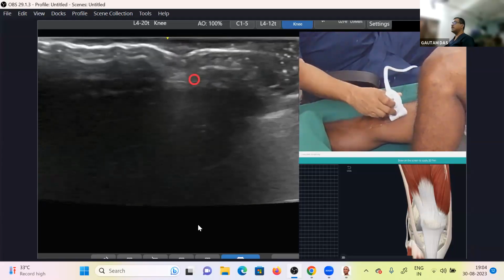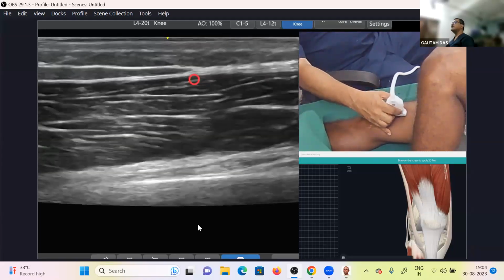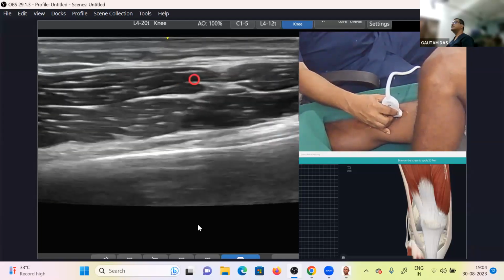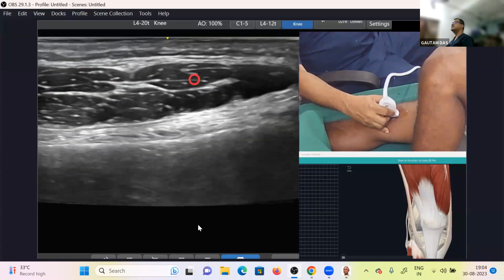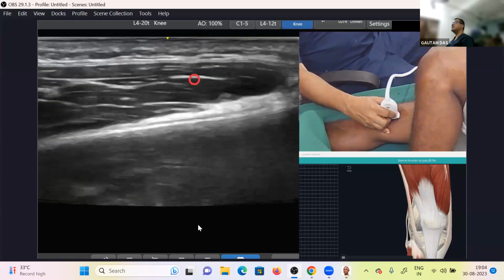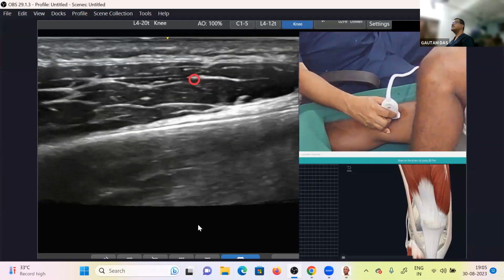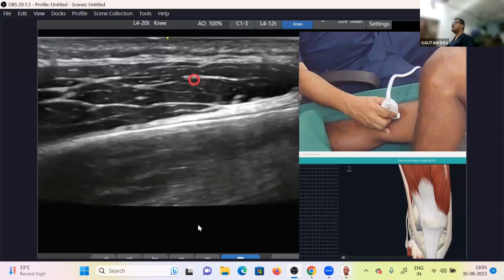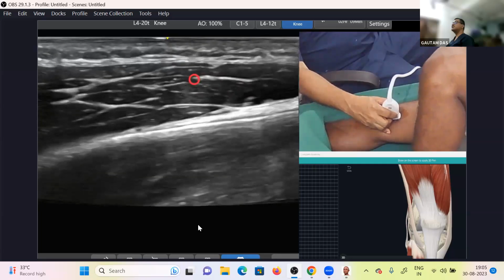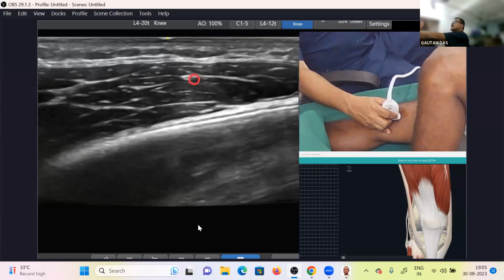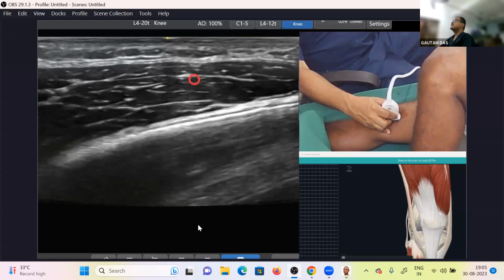Okay, and the superior medial genicular artery. Now look at the center of the screen. Something bouncing. Can everybody appreciate? Over the cortex, something is dancing. That is your superior medial genicular artery. And just medial to that, the nerve is also seen very nicely, just distal to that.